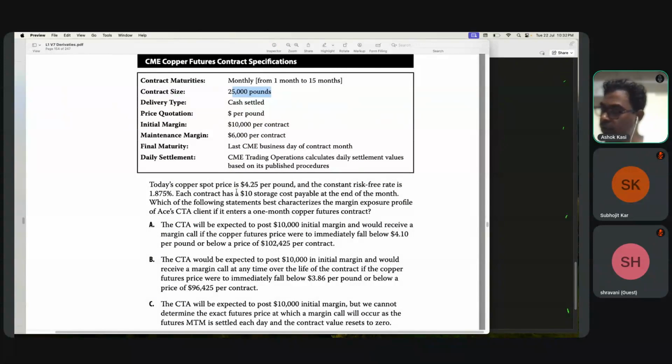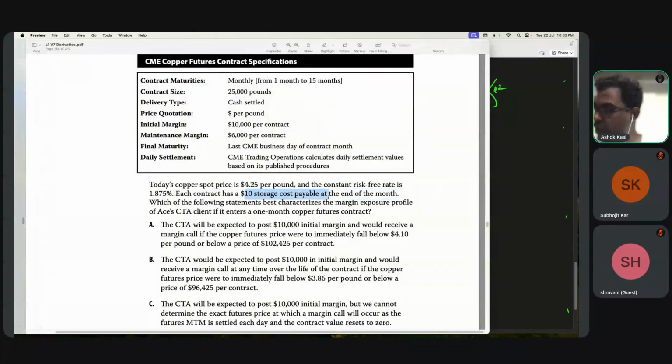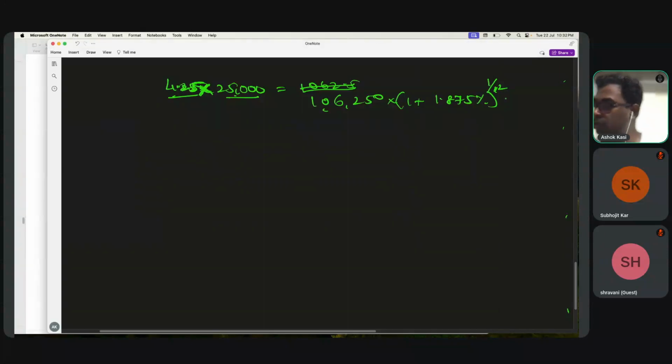See, when you are entering into the contract, this is for the risk-free rate for 1 month. So 1 plus 1.875 percentage for 1 month, that means 1 by 12. Then we are supposed to add the storage cost, 10 payable at the end. So calculate this one.